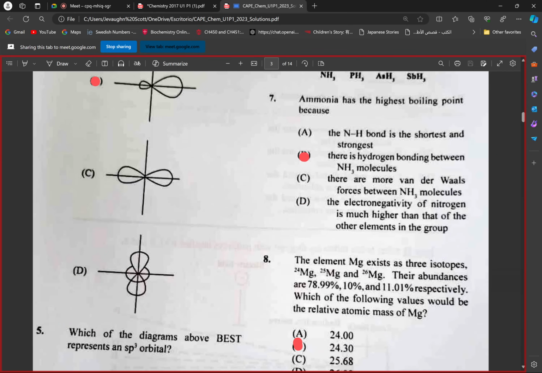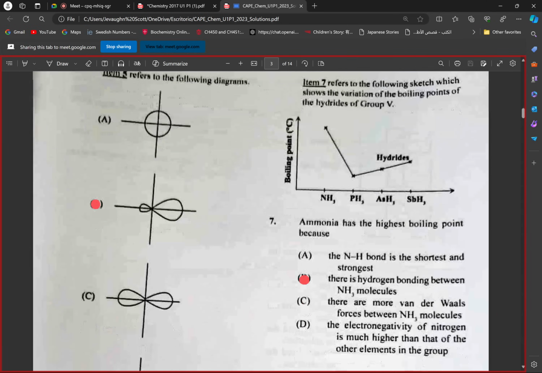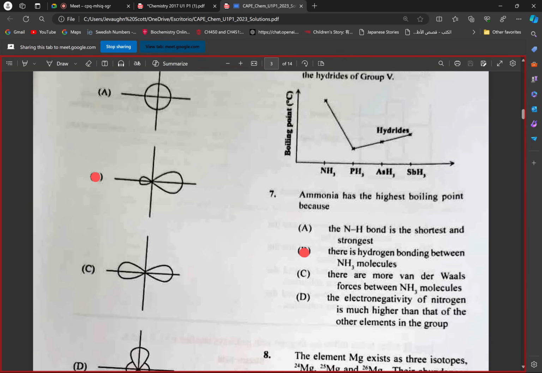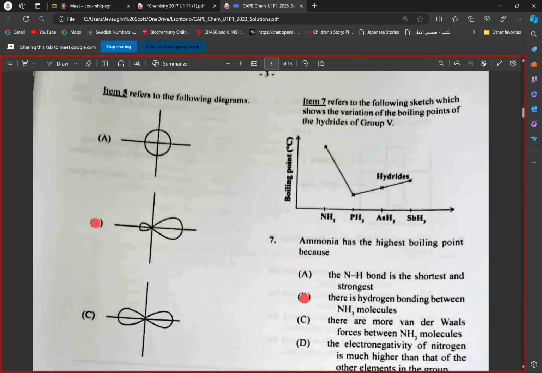Looking at now, what is this diagram supposed to be telling us? Which of the following diagrams above is the sp3 orbital? So B would be the sp3 orbital. We have one small lobe and one large lobe, right? So we would have 33.33% S characteristic, and the rest would be P characteristic. A would be an S orbital.